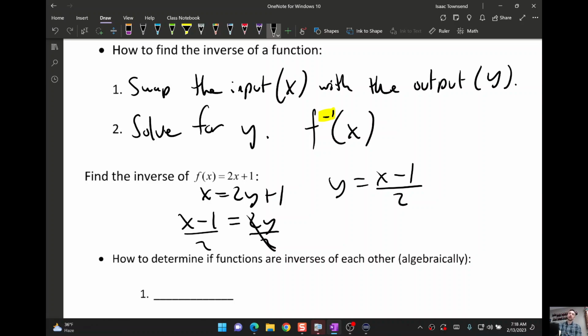And then I don't know if I call this a third step, but you do need to relabel this. Since f of x does mean y, it can't be 2x plus 1 and x minus 1 over 2. Those aren't the same thing, so we shouldn't use the same variable. So instead of saying y equals in the end, we should say the inverse of f.